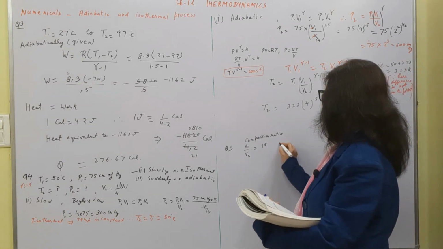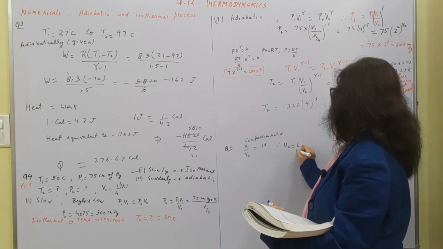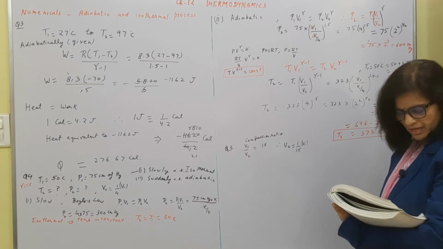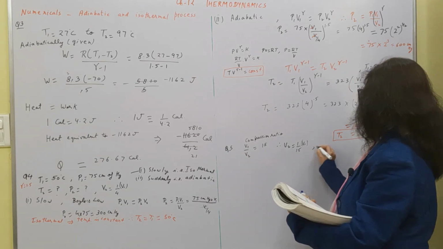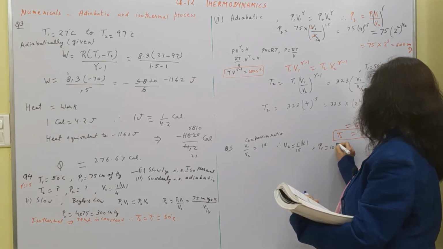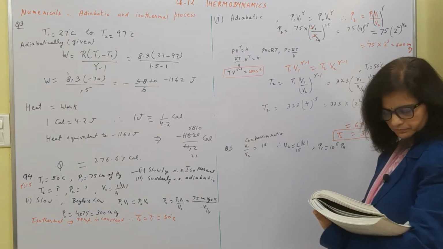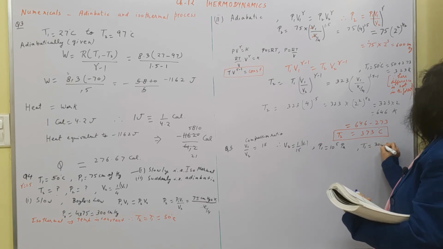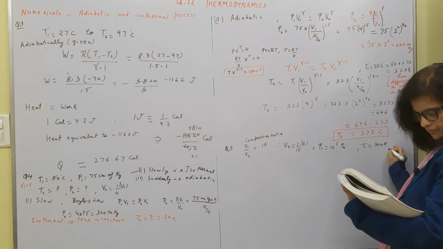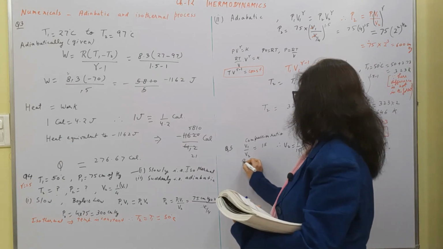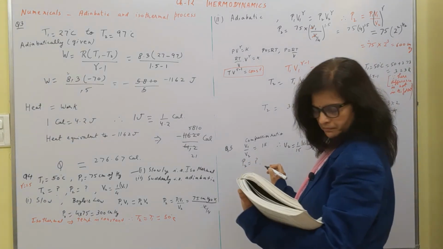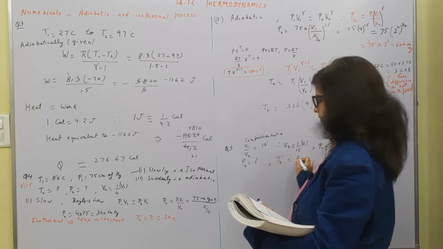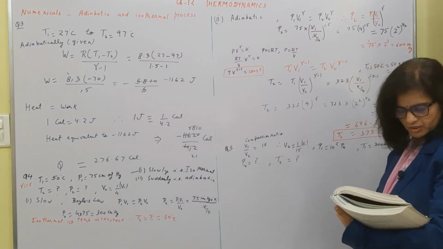So that means V2 is 1 by 15 of the initial volume. If the initial pressure is 10 to the 5 pascals, and the initial temperature is 300 Kelvin, find the final pressure and temperature after compression.